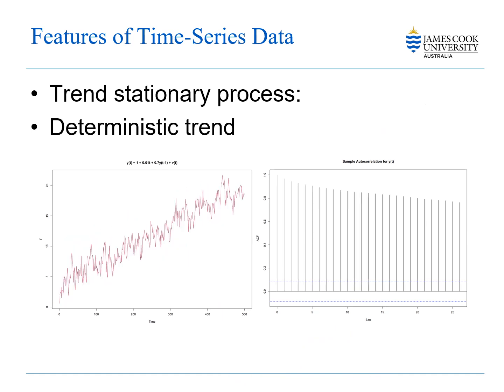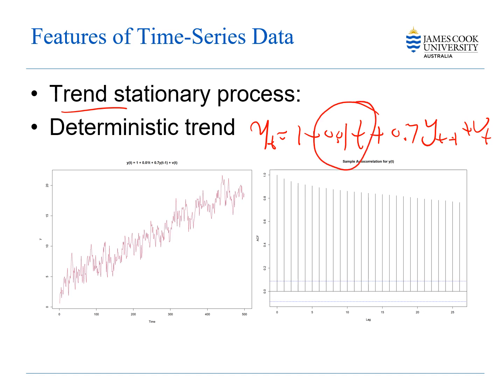Okay, let's look at this process. This is also trend stationary. It has a deterministic trend. This is yt is equal to 1 plus 0.01 t plus 0.7 yt minus 1 plus vt. So there's still a deterministic time trend here.